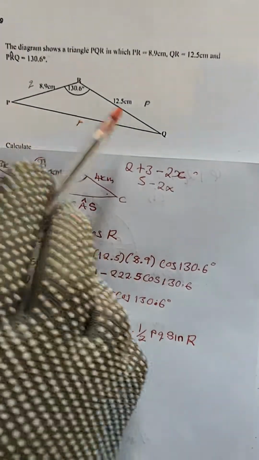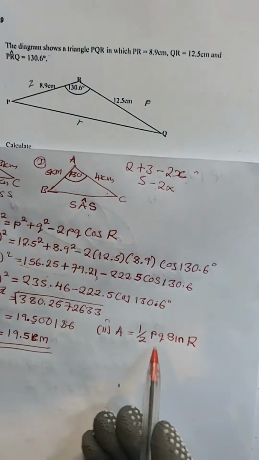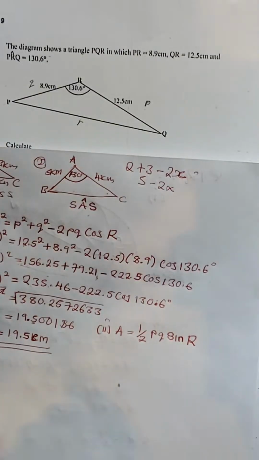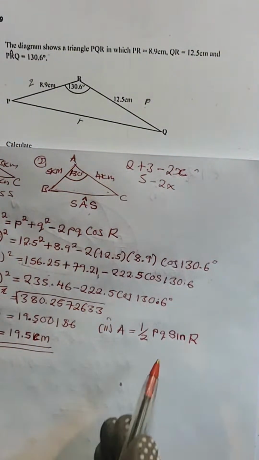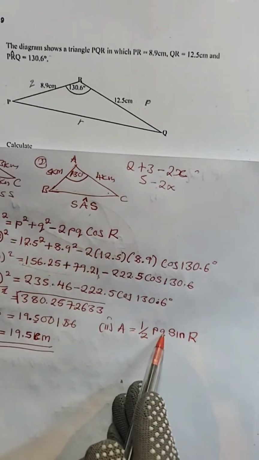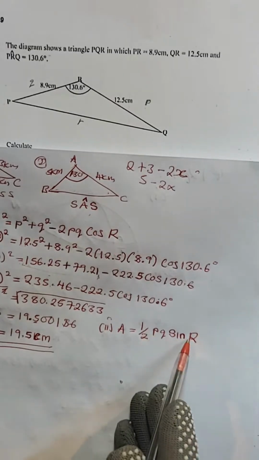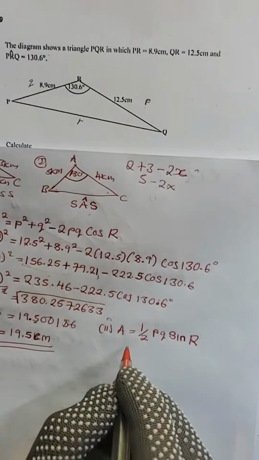We will have P, Q, and R. All three letters must be represented, two of which must be sides and one must be an angle. So this R is an angle, then the two sides. If you just write P and then sine P, it means that you need to find the angle P. I think that is clear.